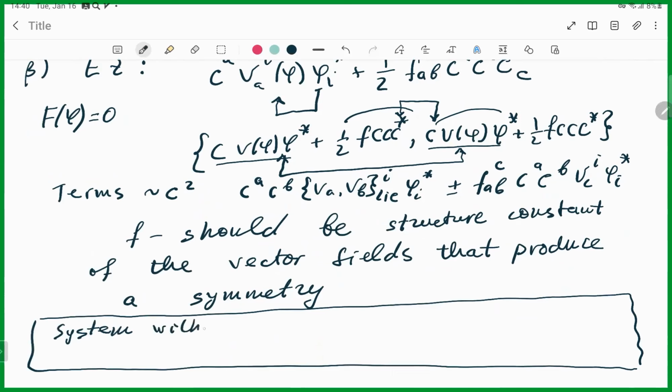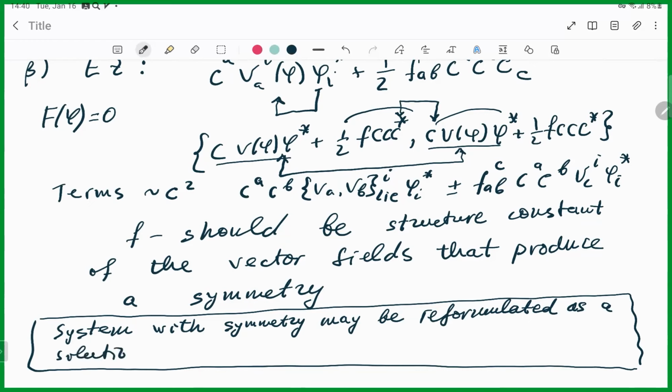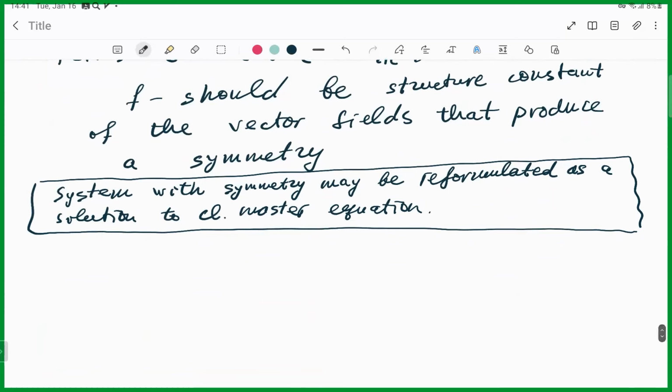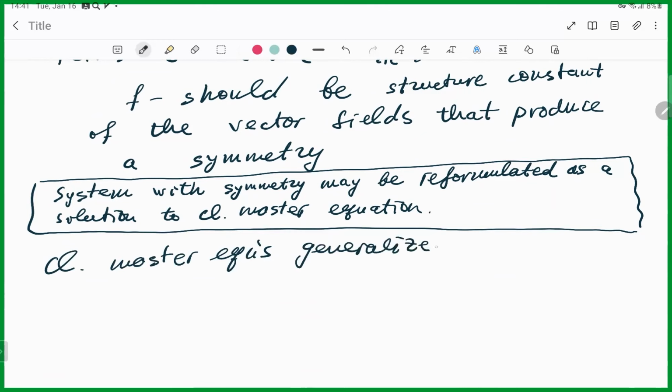A system with symmetry may be reformulated as a solution to the classical master equation. But actually, the classical master equation is a more involved subject, a generalized concept of systems with symmetry.